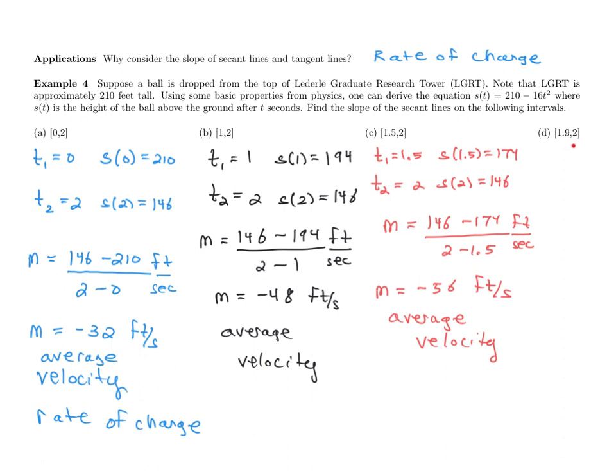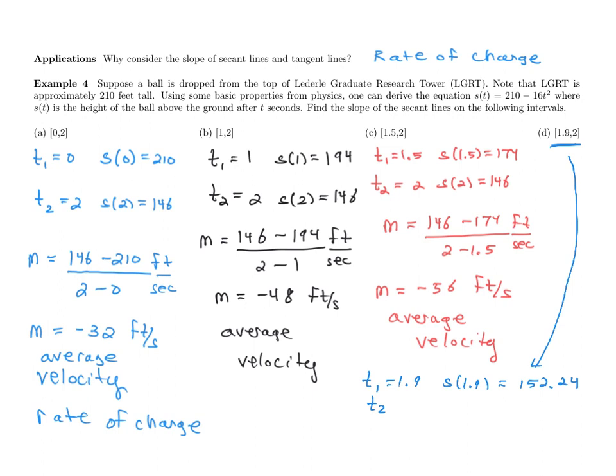Not quite enough room, but what I'll do is I'll do the work for this one down here. So for this last part, we have that T1 is 1.9, and the corresponding value of S at 1.9 is equal to 152.24.